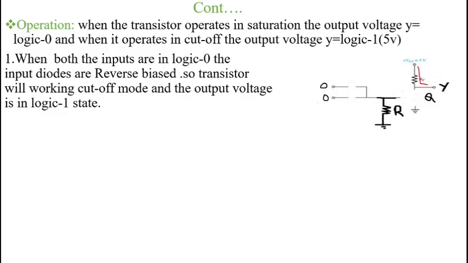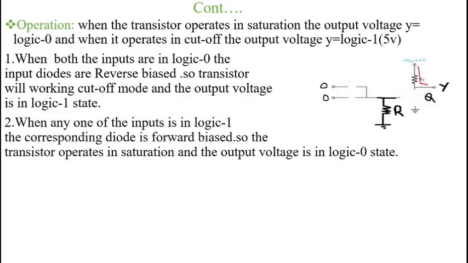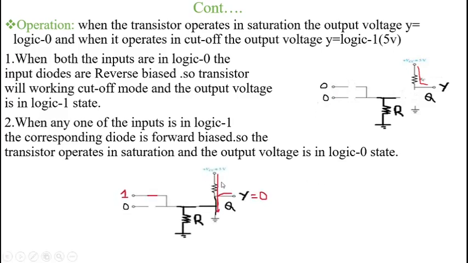The next possible combination of inputs is when any one of the inputs is in logic 1, the corresponding diode is forward biased. So the transistor operates in saturation and the output voltage is in logic 0 state. We consider A equal to 1 and B equal to 0. Therefore, diode D1 is operating in forward bias condition and diode D2 is operating in reverse bias condition.